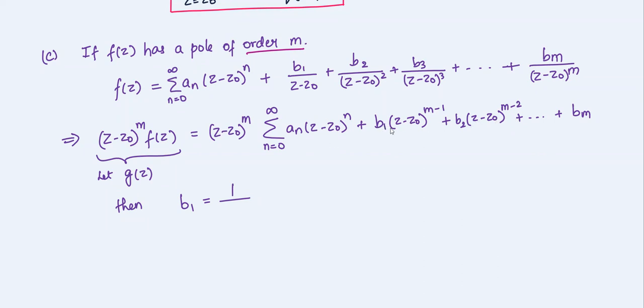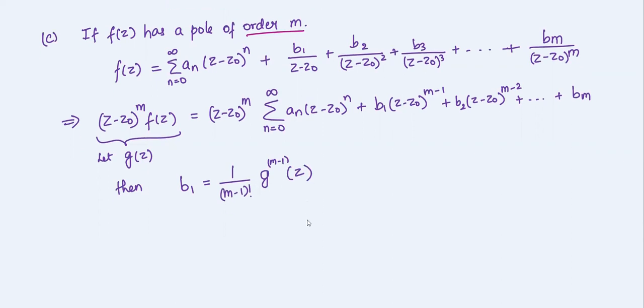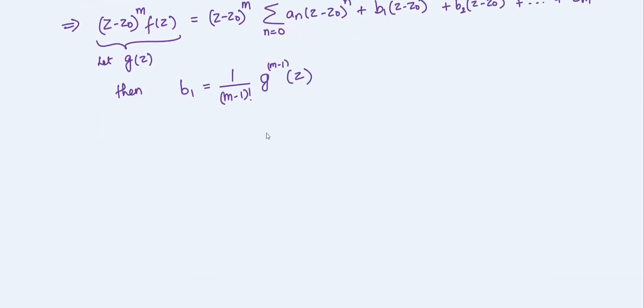So b1 will be 1 by factorial of m minus 1 times the m minus first derivative of g. So we have converted this to a Taylor series and then did that.